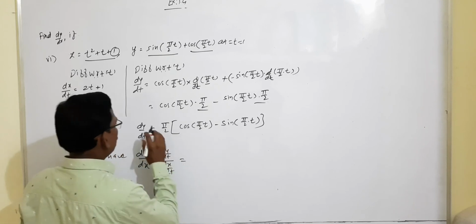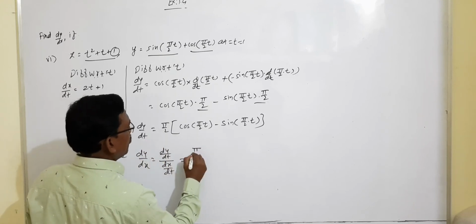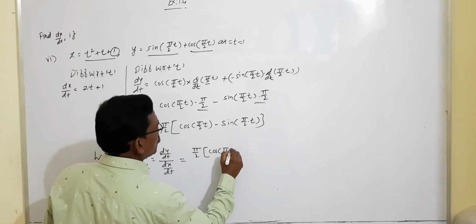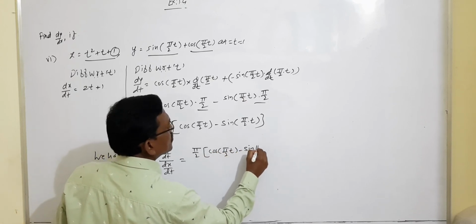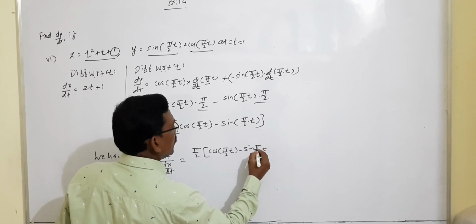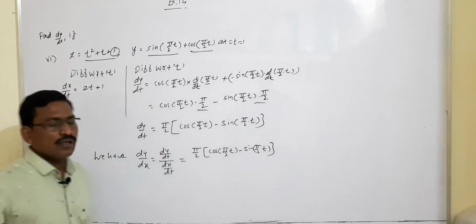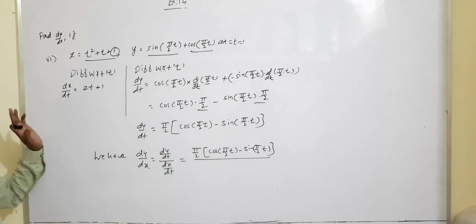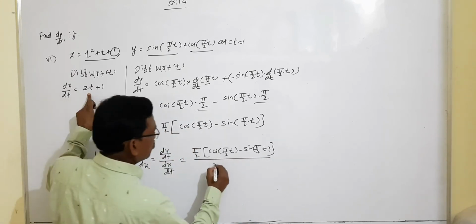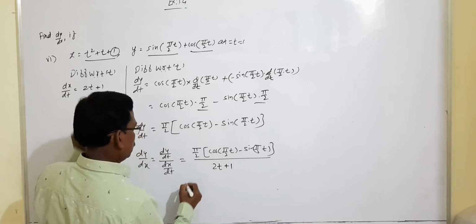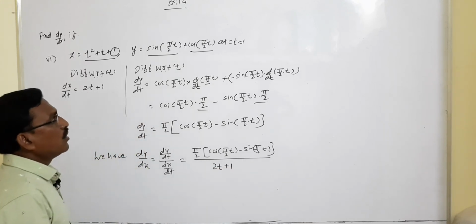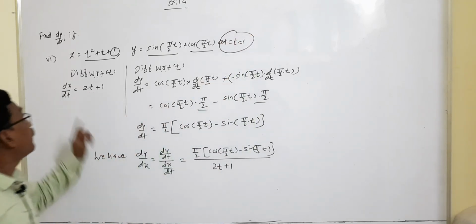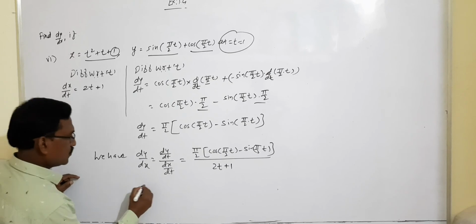Now put the value of dy by dt, which is pi by 2 into cos pi by 2 into t minus sin pi by 2 into t, divided by the value of dx by dt, which is 2t plus 1. Now we have to find dy by dx at t equal to 1.